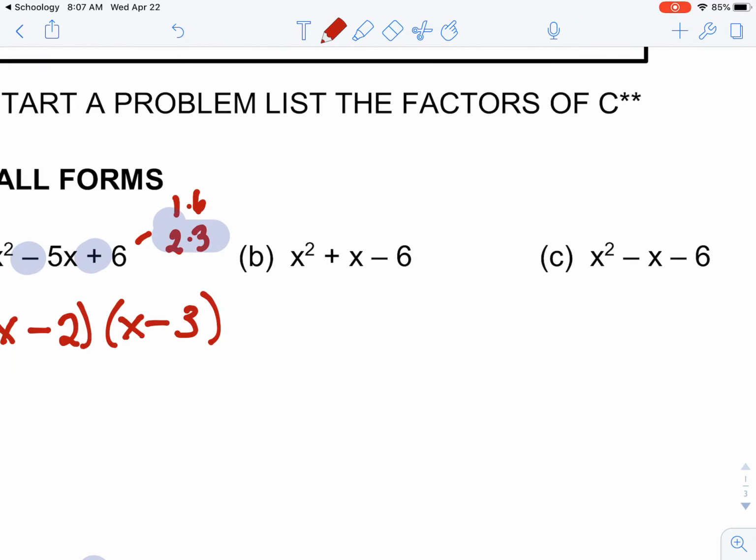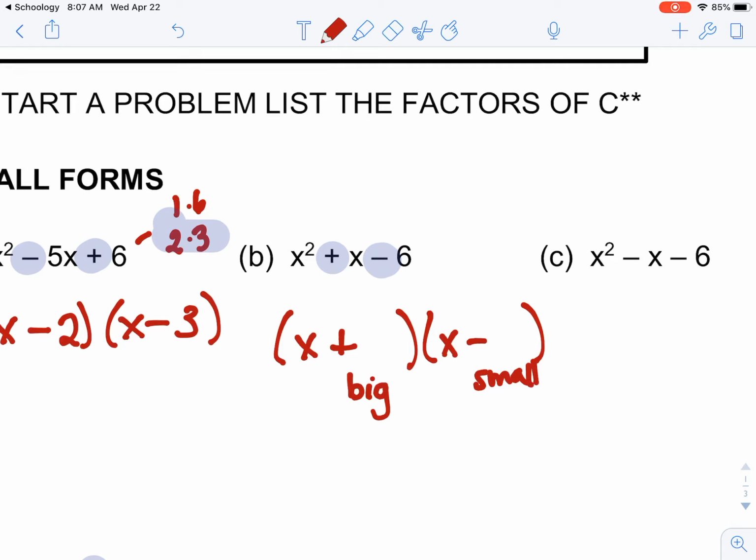Okay, next example, I have positive b and minus 6. So I know I am going to have x plus the big number times x minus the small number. So I like to set up my parentheses first. I think it helps me stay organized when I'm factoring a problem. So I'm looking for the factors of 6.